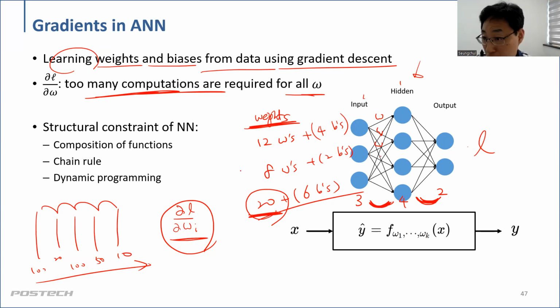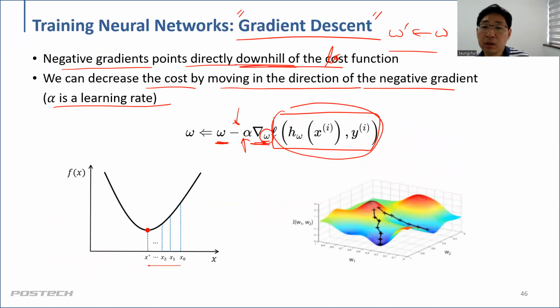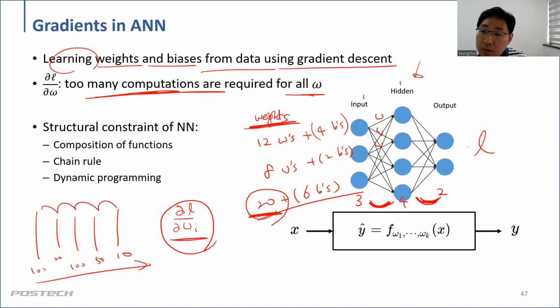That's the technical issue. In theory, it doesn't matter. In theory, we're just gonna say, I'm gonna use gradient descent to find out omegas. That's it. But when you implement it, think about it. How many computations or partial derivatives are required for each iteration, and we have to do many iterations.